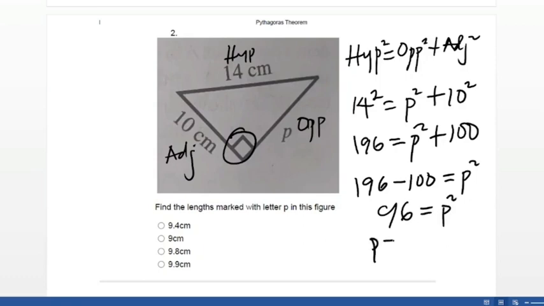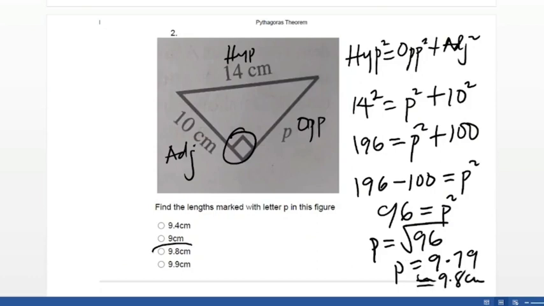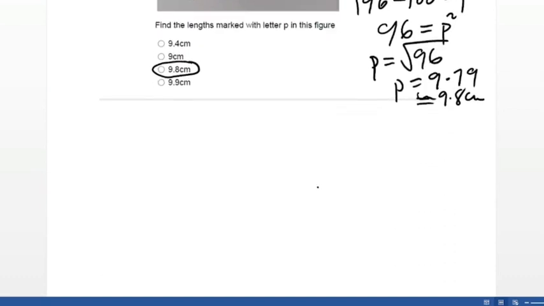Therefore, p equals the square root of 96. And let's see what we're going to get. The square root of 96 gives us 9.79. So this will be 9.8 approximately, 9.8 centimeters. That is this option here. I hope this is very clear. Okay, so move to the next one.